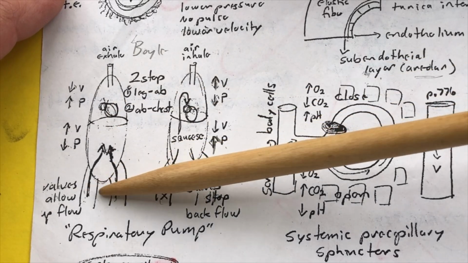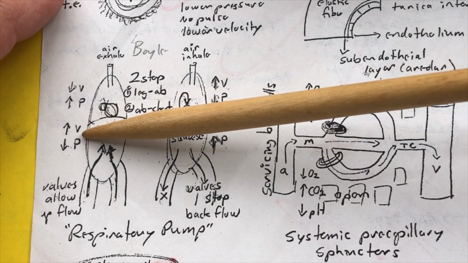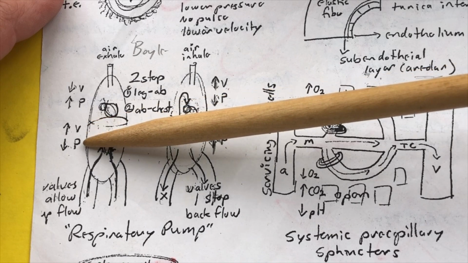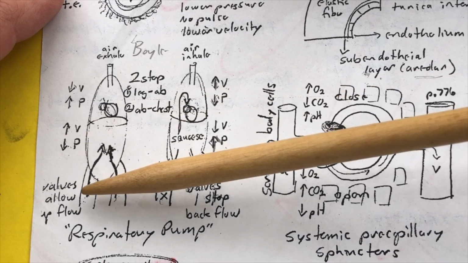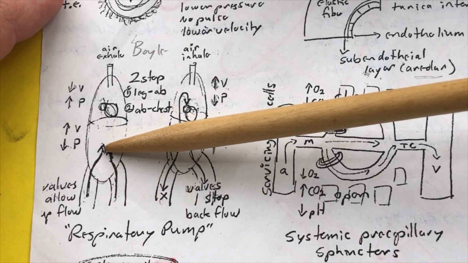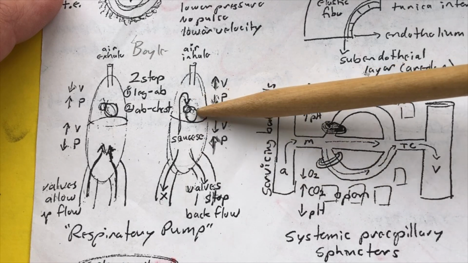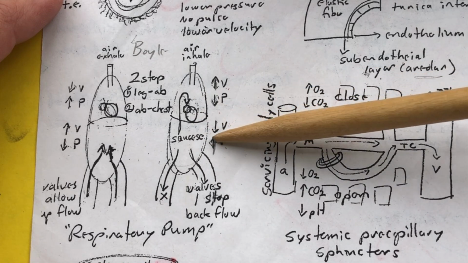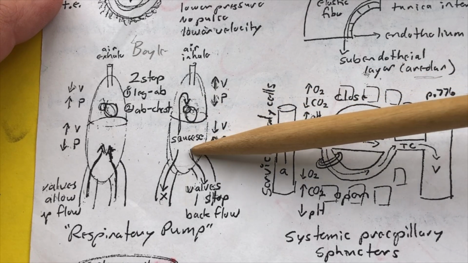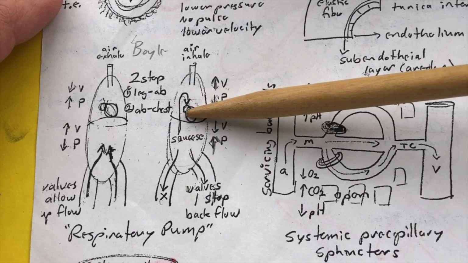Now, the blood that was waiting inside the legs can now move from the legs into the abdomen because the abdomen's volume went up, the pressure in the abdomen went down, and so again, this greater pressure in the leg will allow that blood to move up into the abdomen. In the next moment, when a person breathes in, the diaphragm goes down, the abdomen gets smaller, the pressure gets larger. Again, you squeeze the inferior vena cava, and the blood then moves up towards the heart.